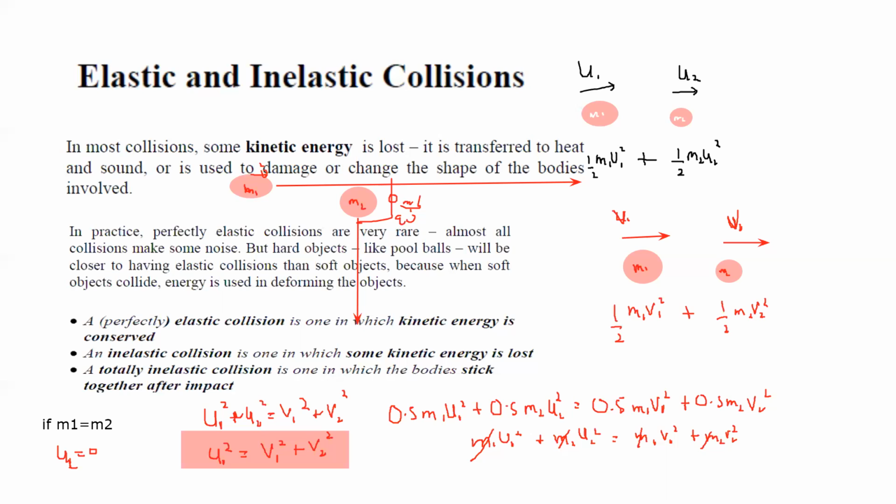Sir, could you define the statement, the 90-degree angle statement? Yeah, sometimes they ask how you can identify that the collision is elastic between two identical objects if one is stationary.